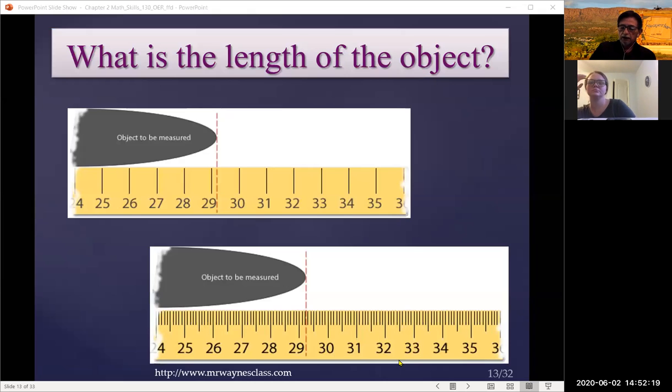Again, in this example, if we were to take that measurement there, we would have to just ballpark guess that the measurement would be 29 point, I don't know, 2. Compared to the bottom one.